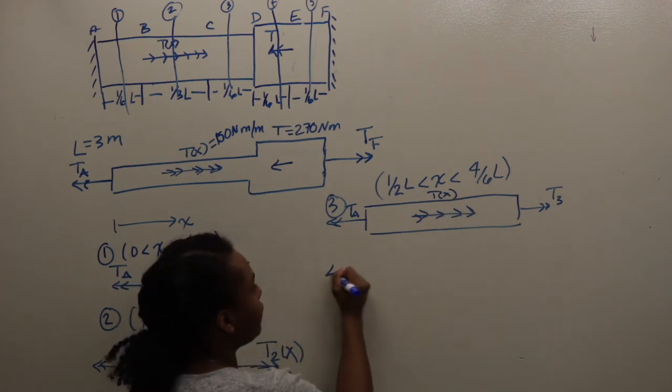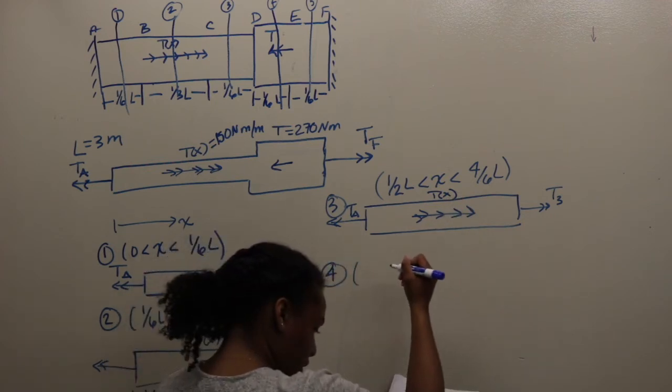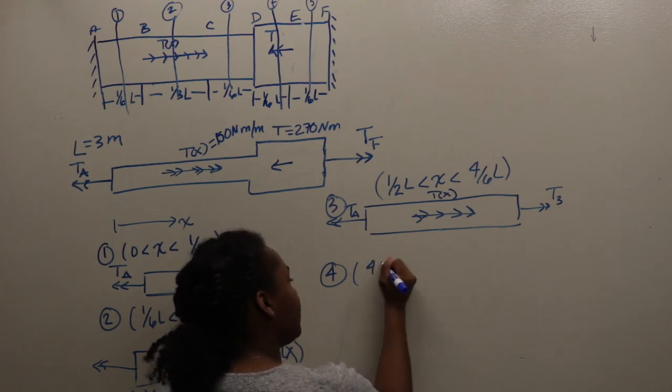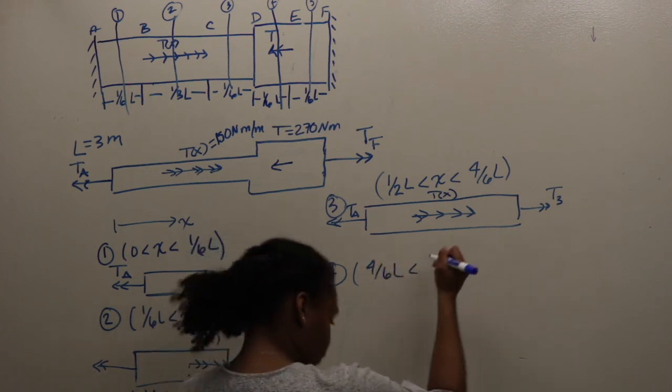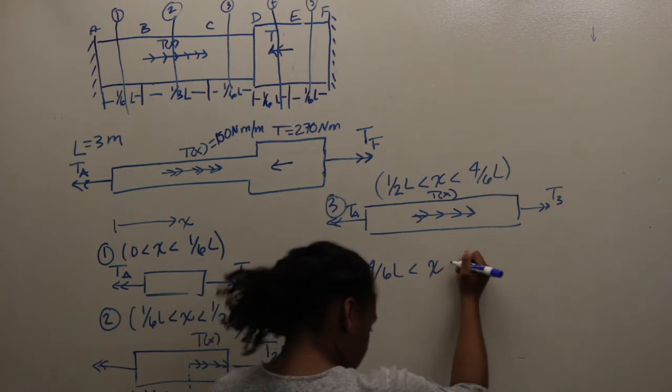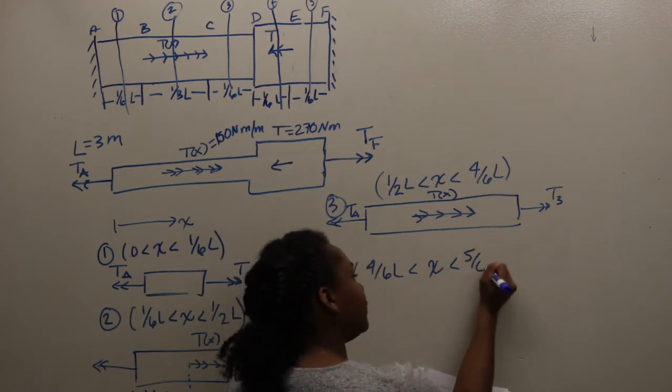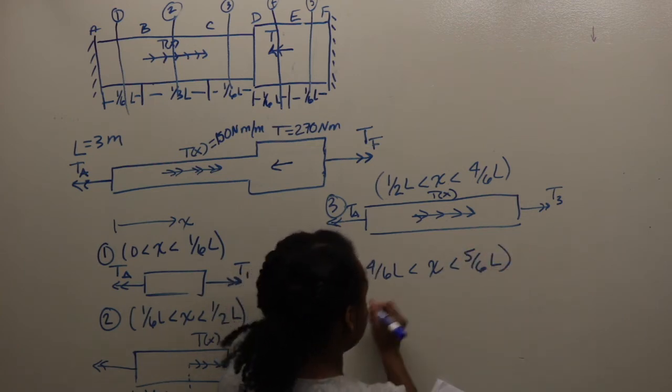And then cut 4 is between, the reactive torque is impacting this section right here, 5/6L.